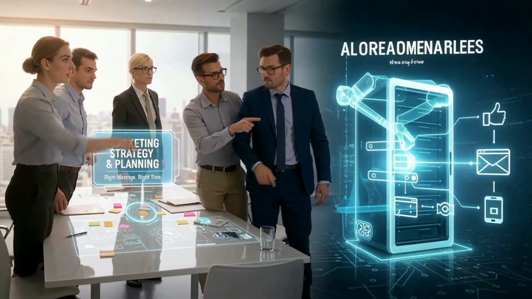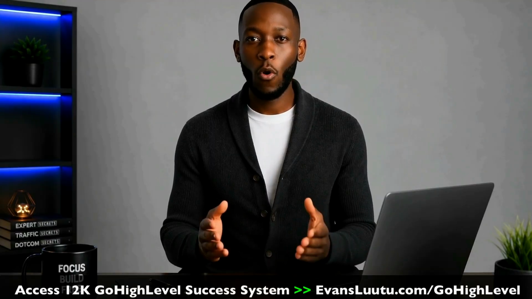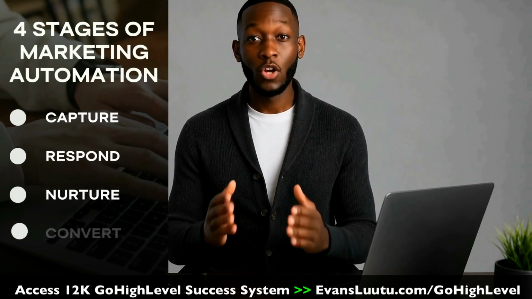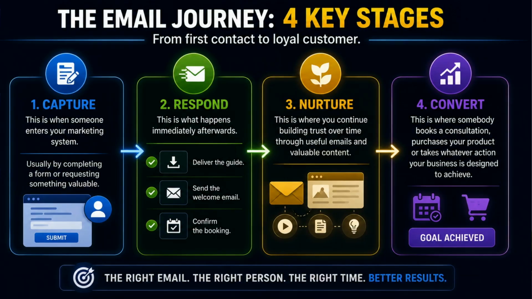I like to think about marketing automation using 4 simple stages: capture, respond, nurture, convert. Capture is when someone enters your marketing system, usually by completing a form or requesting something valuable. Respond is what happens immediately afterwards. Deliver the guide, send the welcome email, confirm the booking.